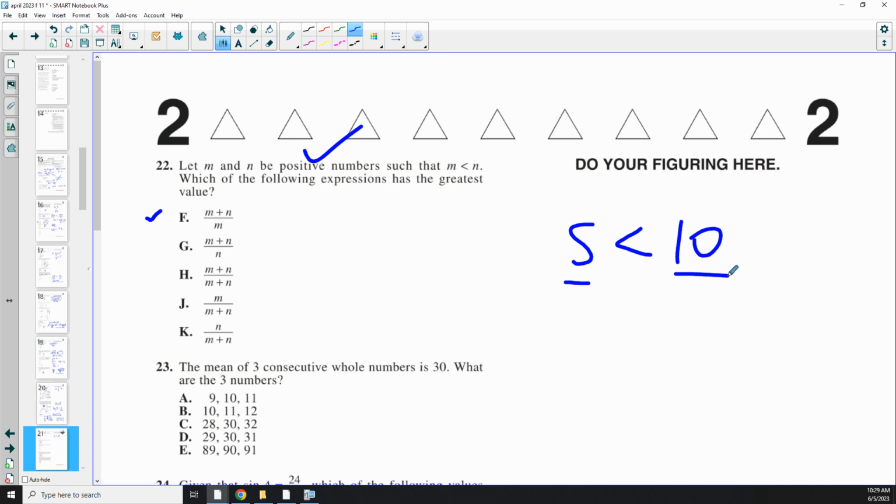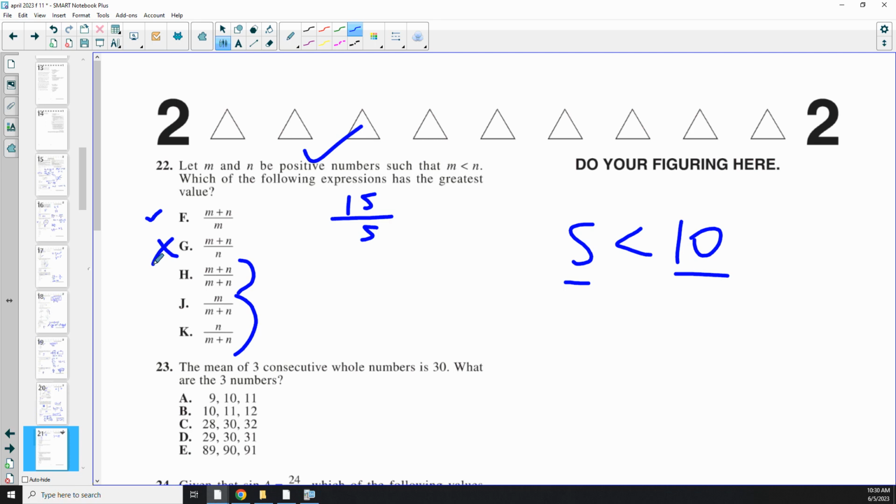So what about F? It would be 5 plus 10 over 5. And then everything else is going to be smaller than that. This is going to have too big of a denominator. These two are going to be even, and this one is going to have a larger denominator, so it has to be F.